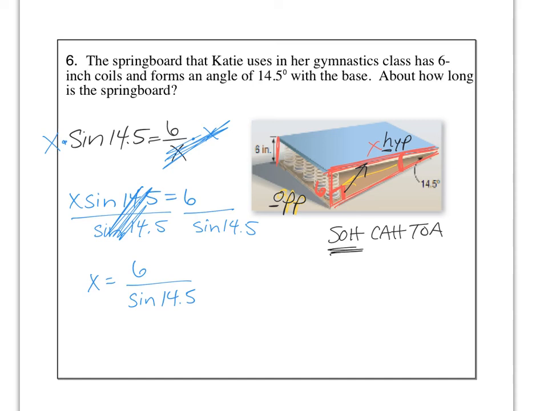So then you would type in 6 divided by sine 14.5, and we get 23.96. Now it says about how long is the springboard, so I would say it's approximately 24 inches, which is about 2 feet long. I think in real life it's actually longer than 2 feet, more like 4 feet probably, but whatever, we'll go with the question.